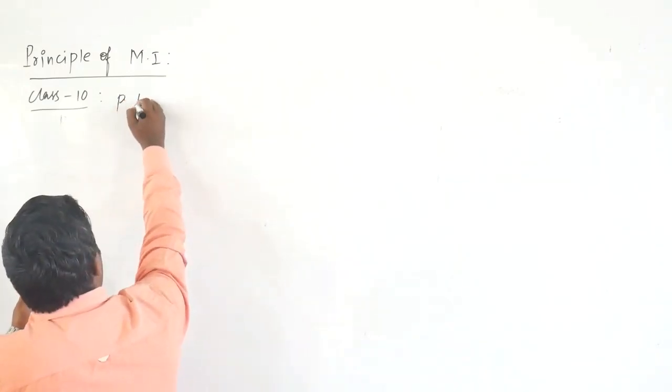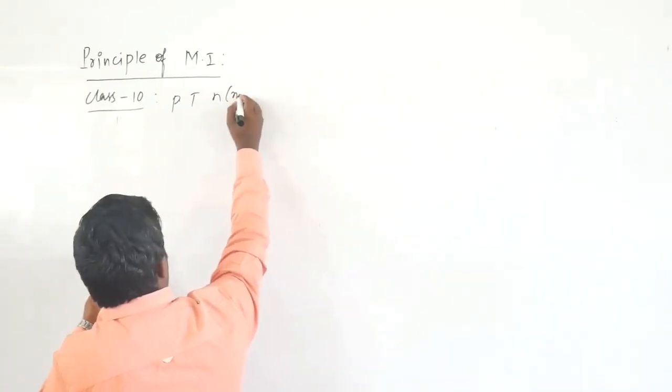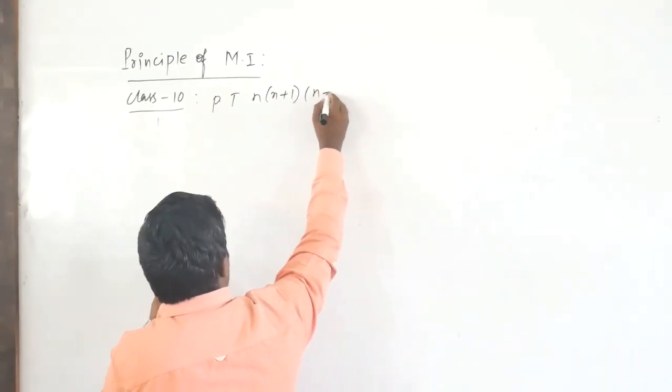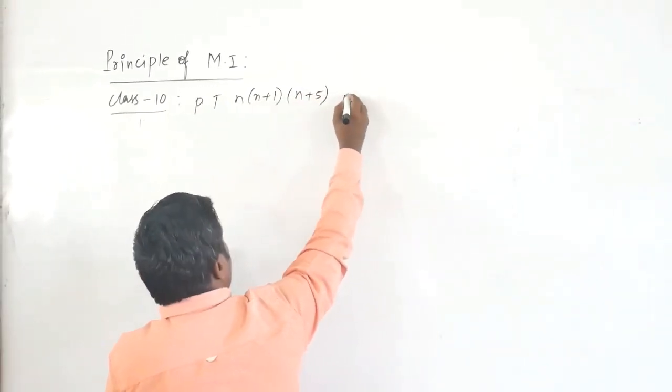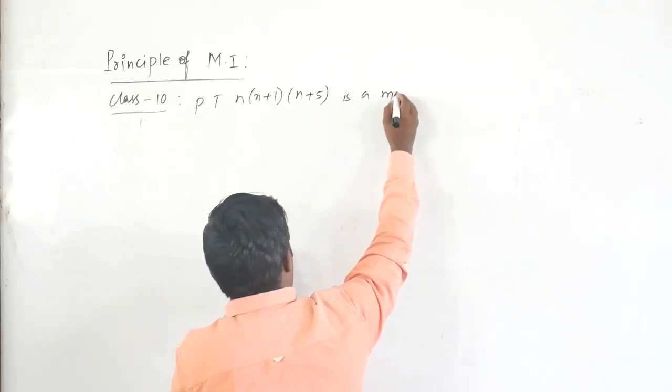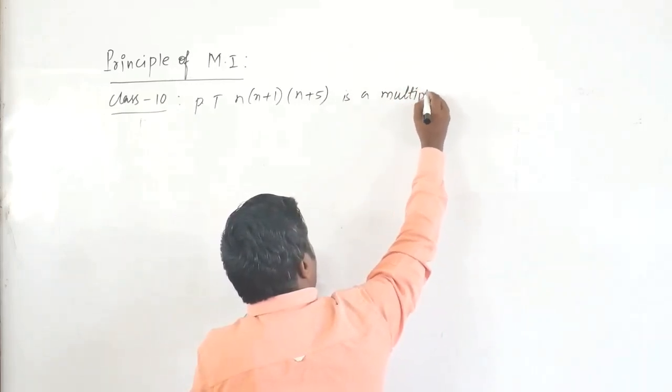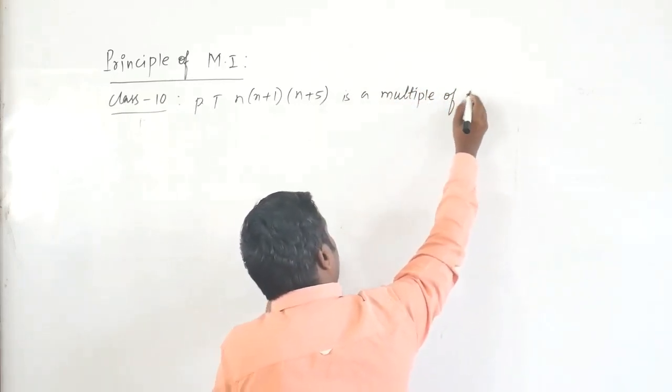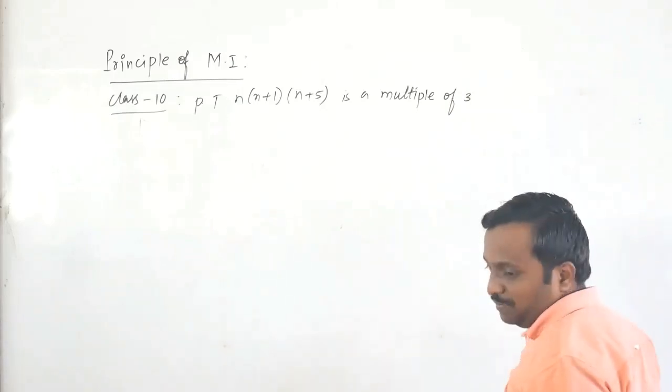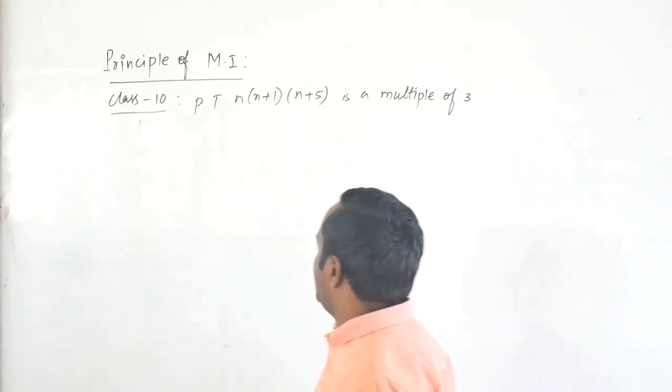Prove that n into bracket n plus 1 into bracket n plus 5 is a multiple of 3. We have to prove this. Just look at this.